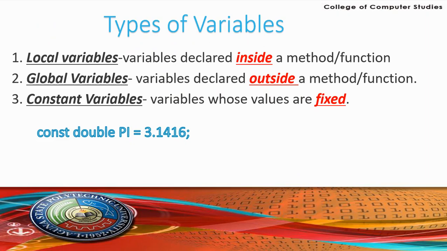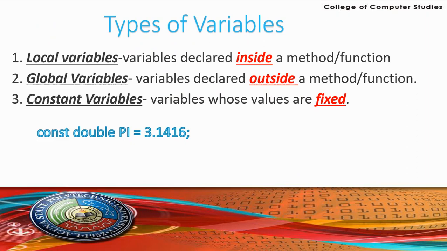Global variables, on the other hand, are declared outside a method or function, meaning they are accessible in all parts of your program.